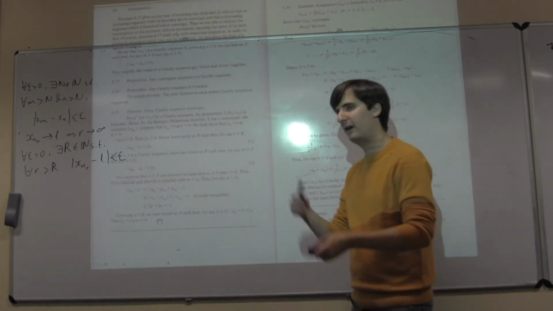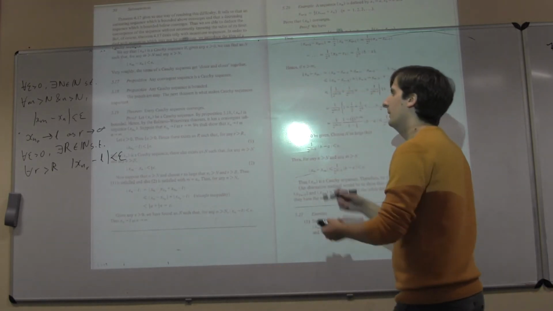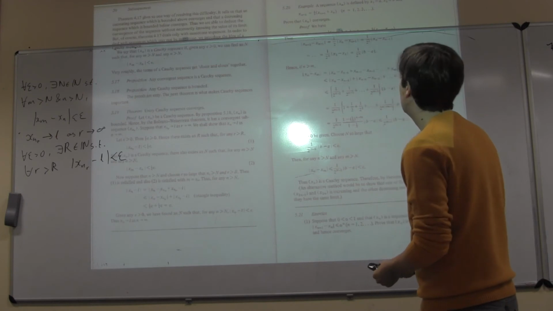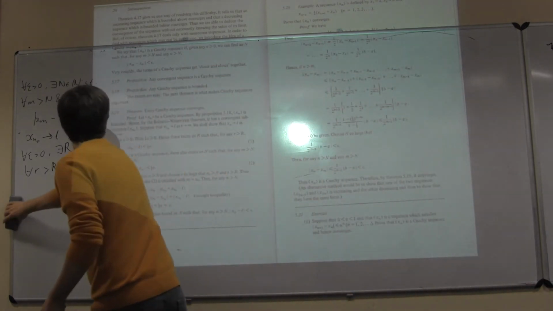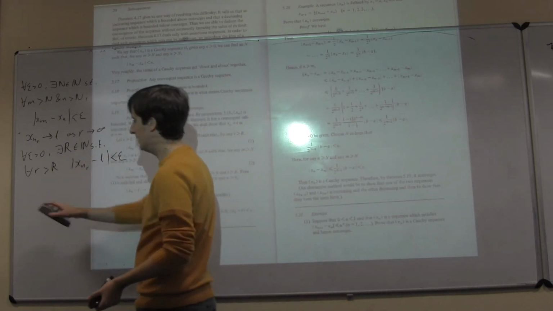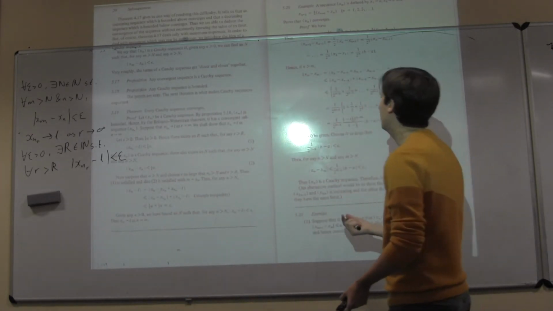There are funny spaces you can work in where that's not true, but for real numbers this is true, which is a nice property. So if you want to prove a sequence converges, an easy way to do it is often to show that it's a Cauchy sequence. So that's why it's useful.